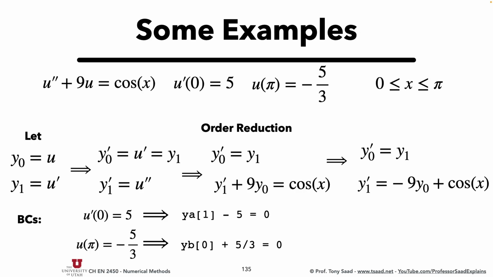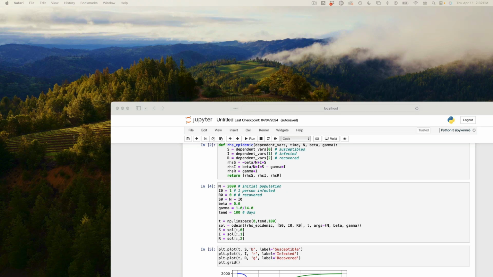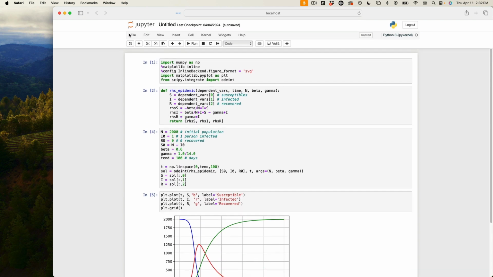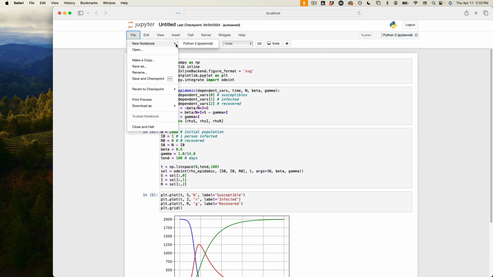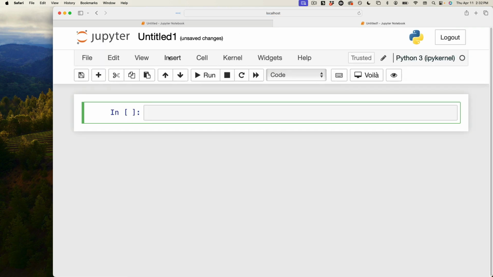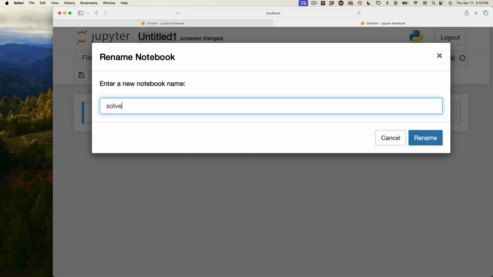Get your notebooks, and let's do this in Python. Solve BVP example.